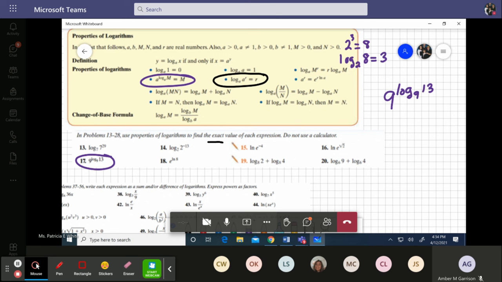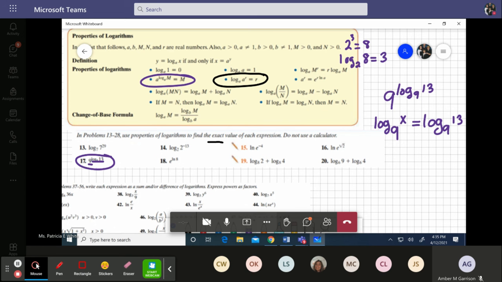Now, that's actually an exponential form, right? It is 9 to the exponent. So if I want to prove that, I'm going to write that as a logarithm because this is exponential. So I'm going to say log base 9 of x is equal to log base 9 of 13.